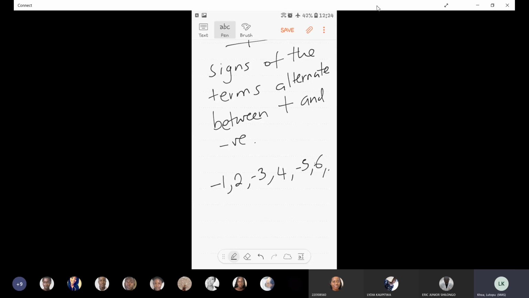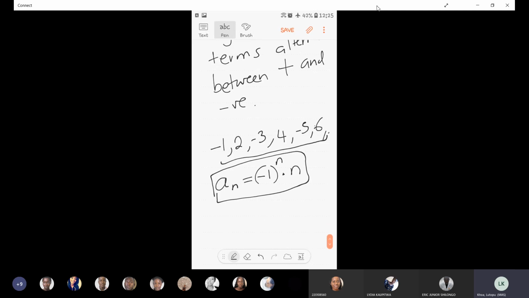They go positive, negative, and so on. One such sequence is (-1) to the power of n. This is the general formula for the nth term of the sequence when we list the terms.